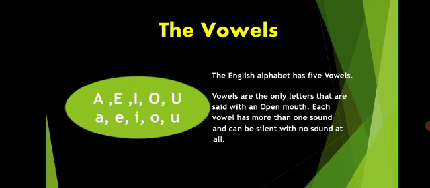There are about 20 vowel sounds in English that we will discuss afterwards. Vowels are the only letters that are said with an open mouth. You can try it: A, E, I, O, U. So that's all about the vowels.